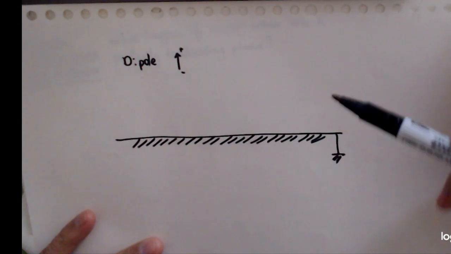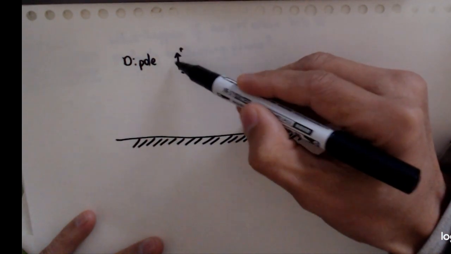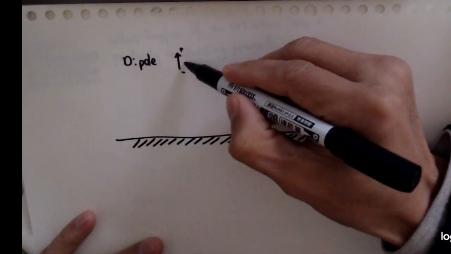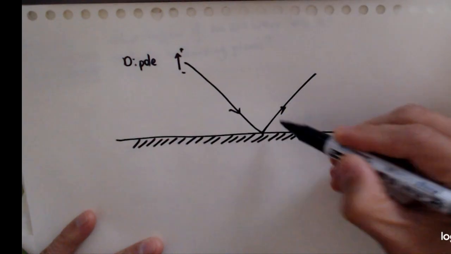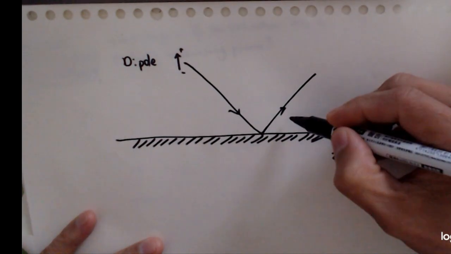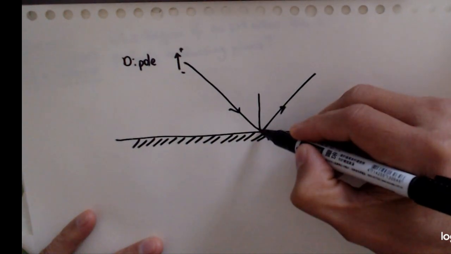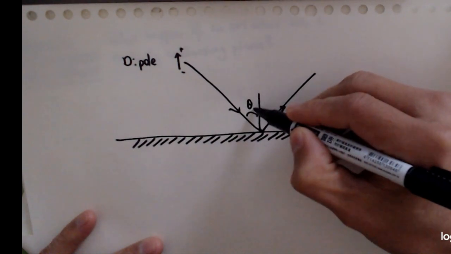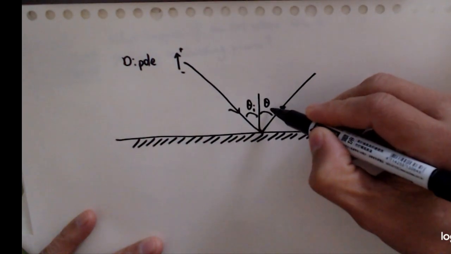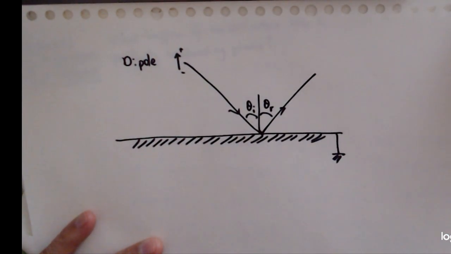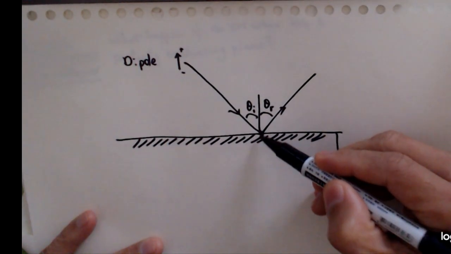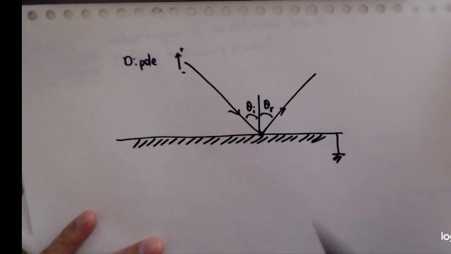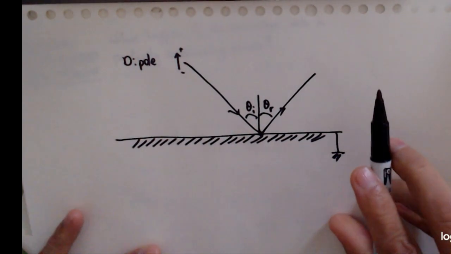First, the dipole itself will radiate an incident wave, and it will produce a reflected wave, and the angle of incidence will be equal to the angle of reflection. That's all well known. But what is little known is that right at the interface, the tangential electric field will be zero. So what does it mean?